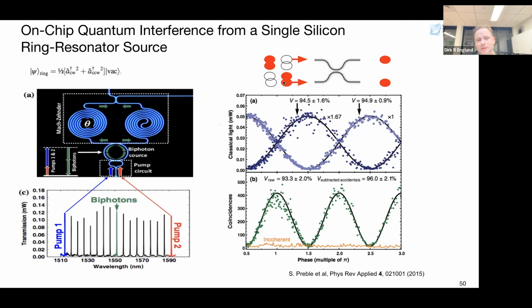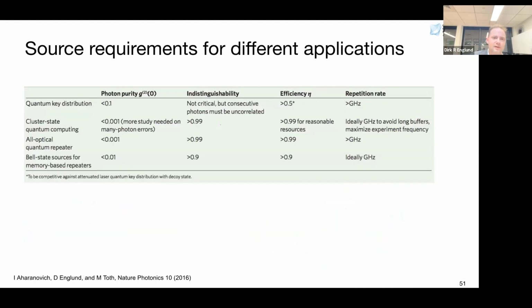But it's still difficult to know when that happens. Because if you want to preserve and use this Hong-Ou-Mandel state, you have to herald it. And so you need ideally some sort of quantum non-demolition measurement of this thing.